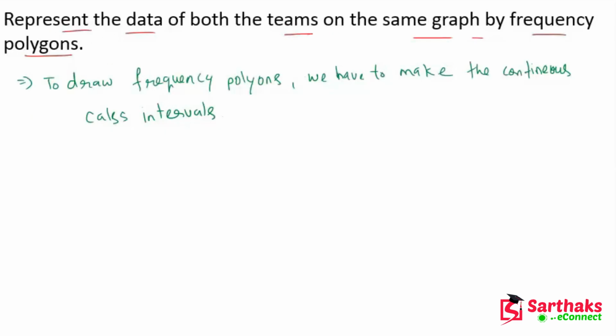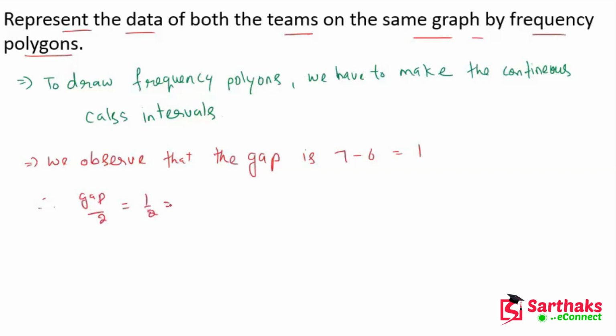So we observe that the gap from 6 to 7 is 1. So we take gap upon 2, which equals 1 upon 2, that is 0.5.